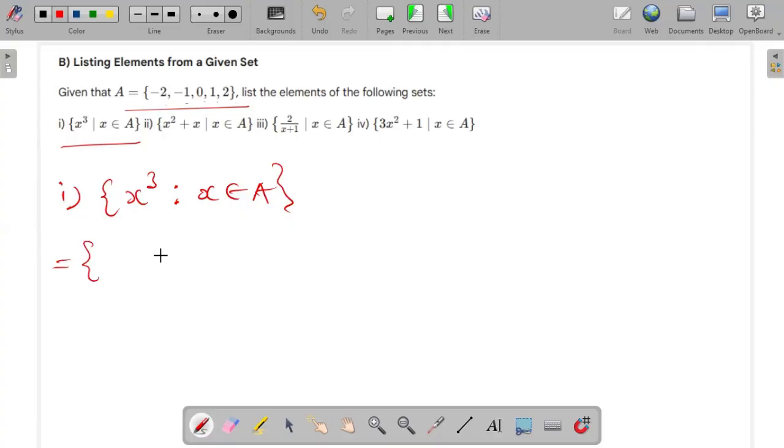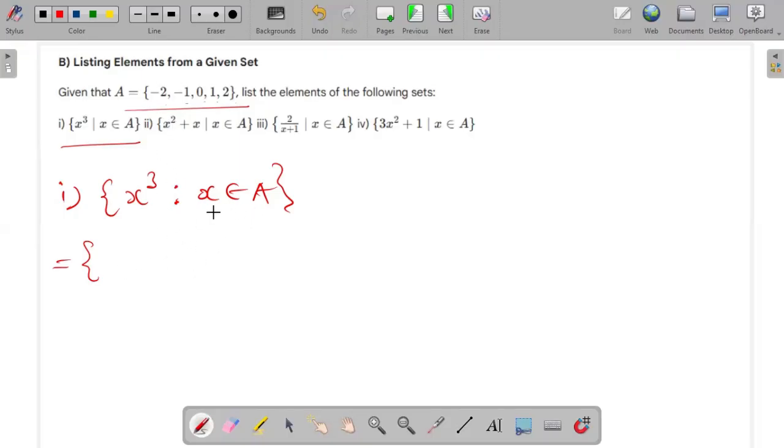So we have x cubed, a polynomial of degree 3, meaning x raised to the power 3.